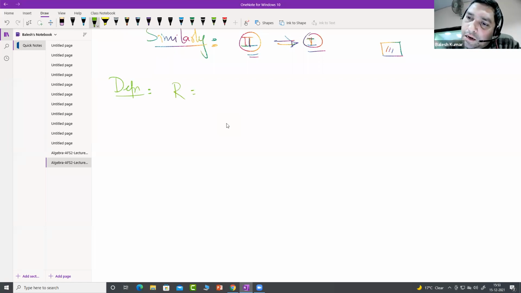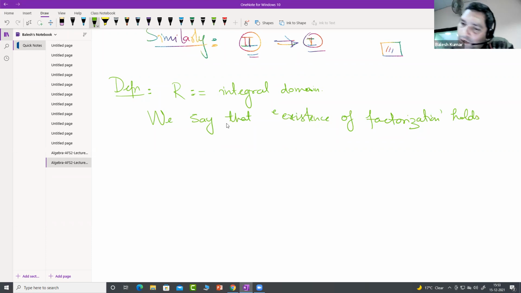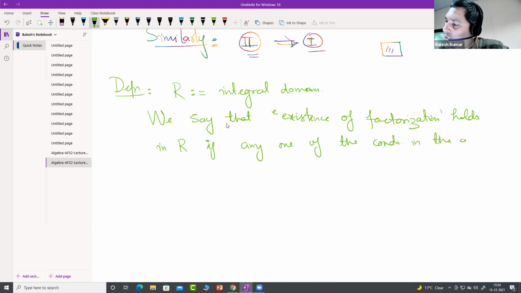Let R be an integral domain. Then we say that the existence of factorization holds inside this integral domain R if any one of the conditions in the above theorem is true.